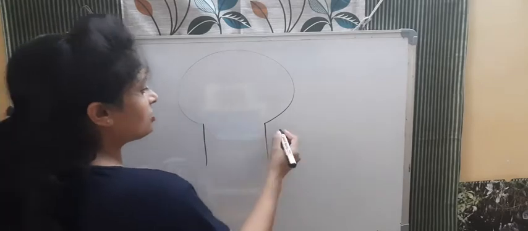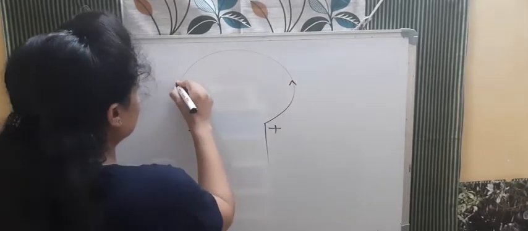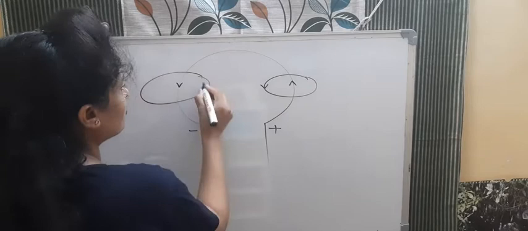See, this will be even more difficult to understand, otherwise we will make it like this only. So this time, lastly we took this one positive; this time I am taking this one positive, this one negative. So here current is going like this, current is going like this. So anti-clockwise. Finally, here it will be clockwise.